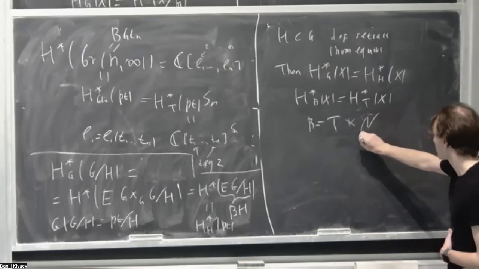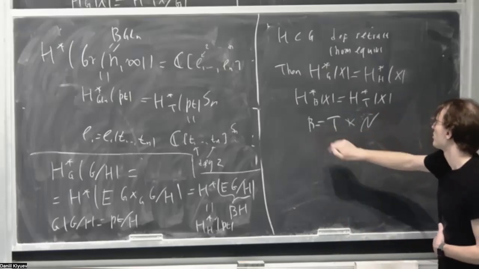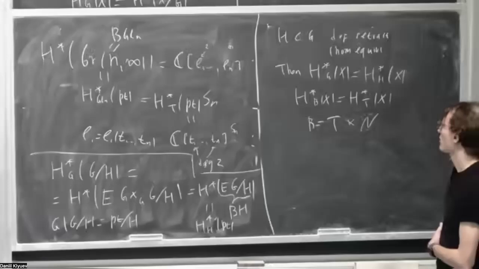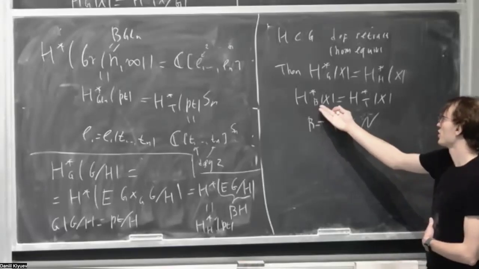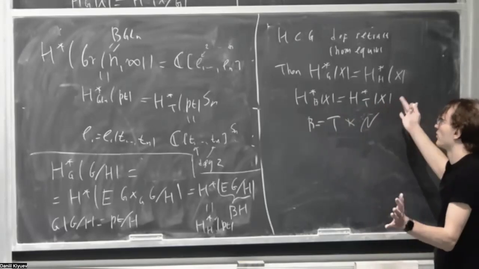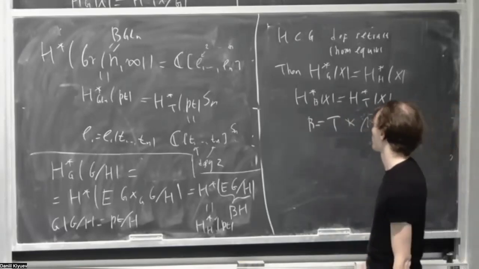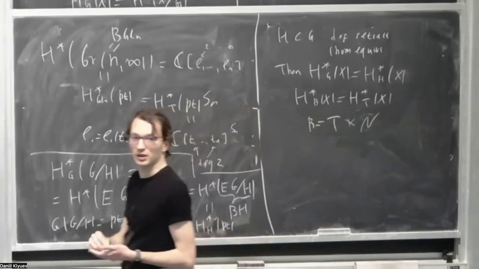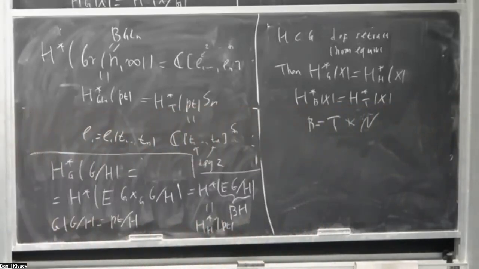So this is contractible, and B and T are homotopy equivalent. So this is nice. If you have B, you can just change it to T and do stuff with T. Any questions?